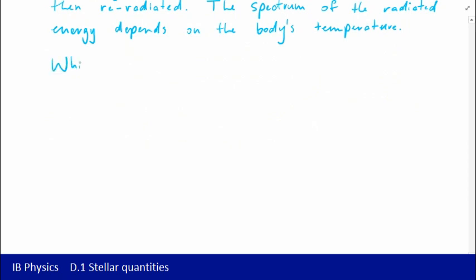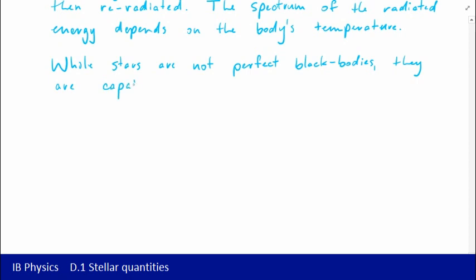They're not perfect, they're not entirely black body objects, but they are pretty close, so that we can identify that they are capable of emitting all wavelengths of electromagnetic radiation.